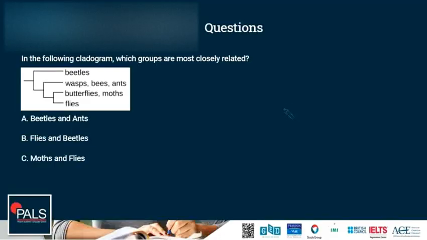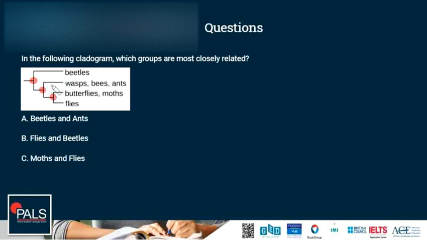Alright, let's have a look at some questions. In the following cladogram, which groups are most closely related? Beetles, wasps, bees, ants, butterflies, moths, and flies. Beetles and ants, flies and beetles, moths and flies. Flies, beetles and ants. Beetles and ants. We have a node here, we have a node here, and we have a node here.